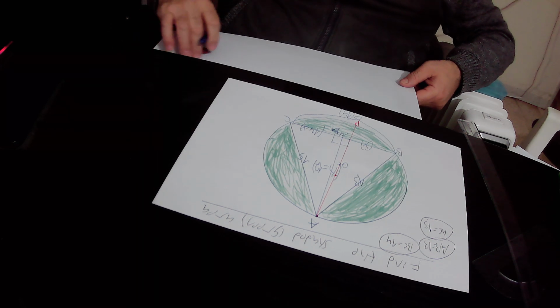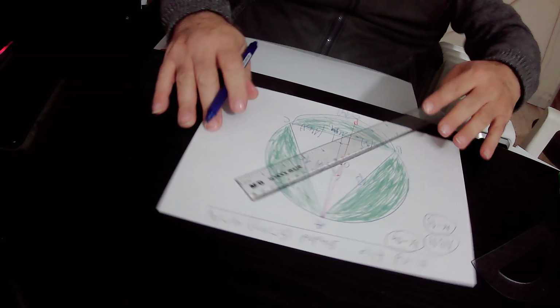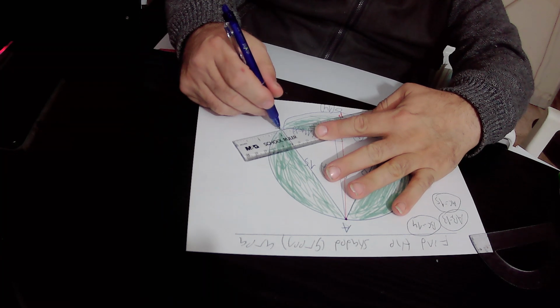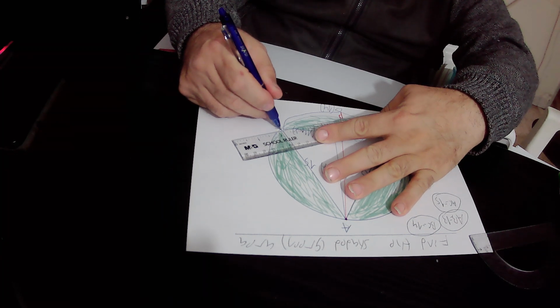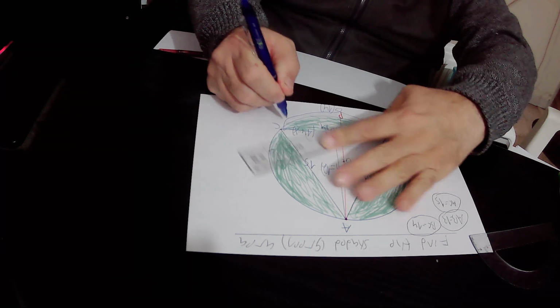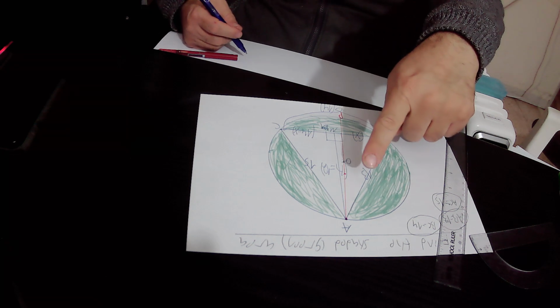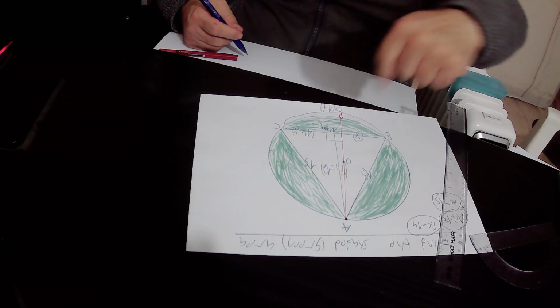Okay. In the next step, we will join points P and C together by a straight line. By joining points P and C, we created peripheral angle ACP.